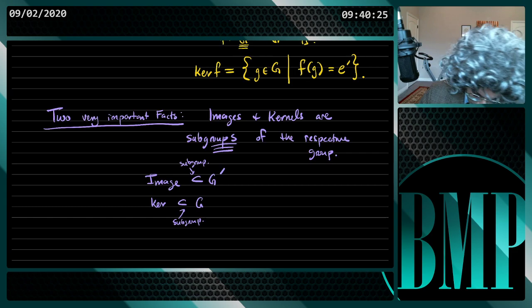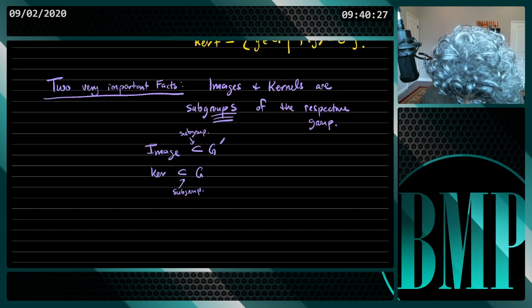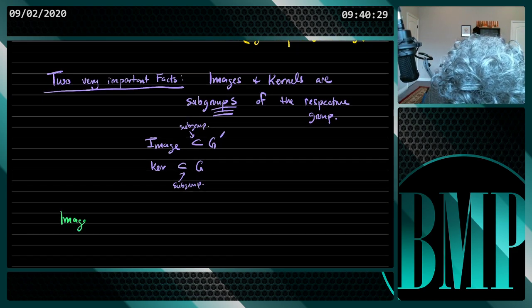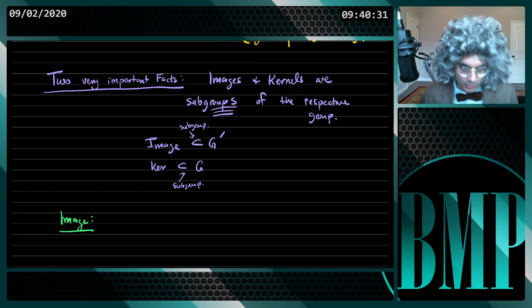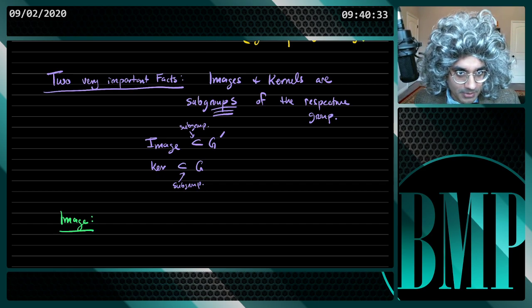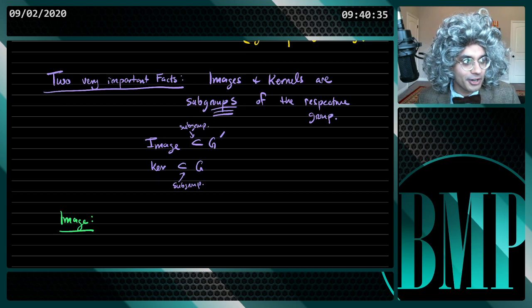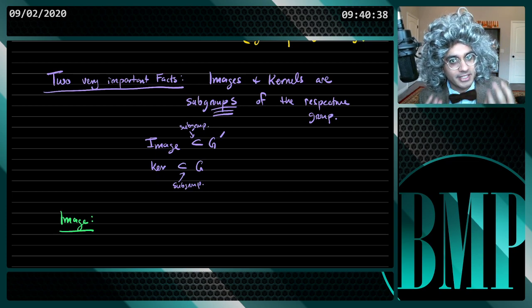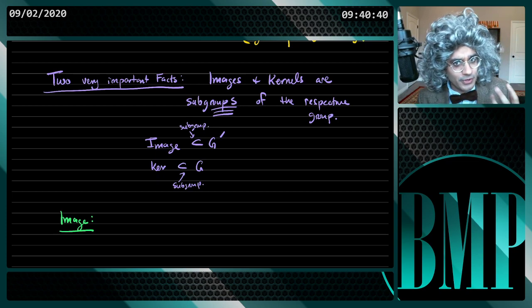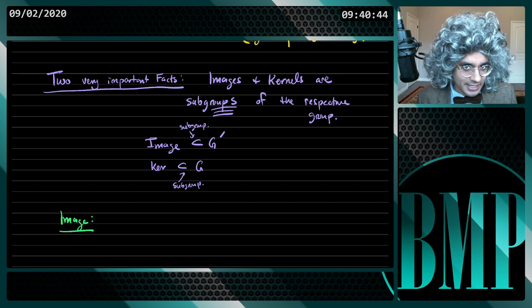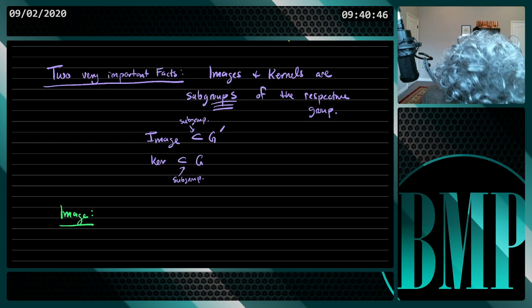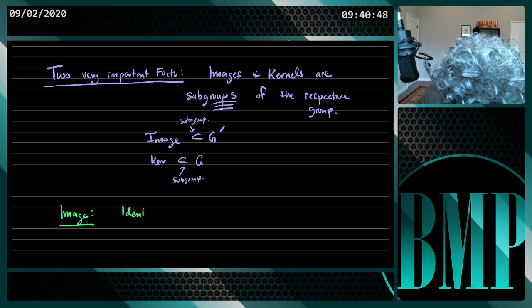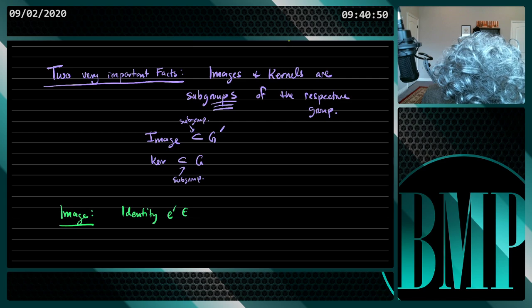Okay, so let's do image, for example. Why is the image a subgroup? You're supposed to take 2 elements and argue that their product is still in the image, and an inverse of an element in the image is still in the image, and the identity element is in the image. So identity e prime is in the image.